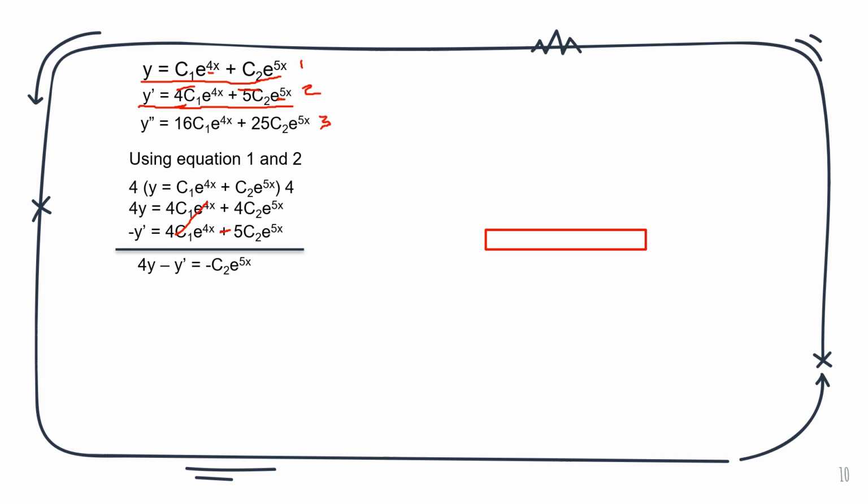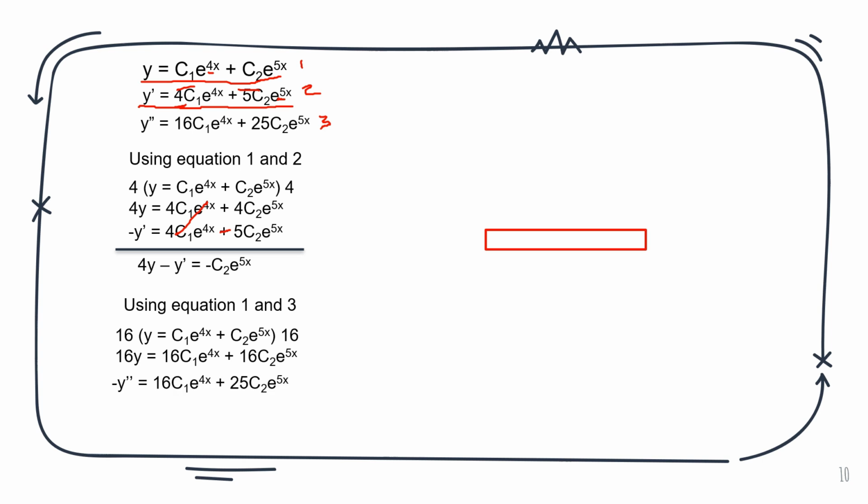So, ito ang kalabasan. So, using the equation 1 and 3, para naman ma-eliminate natin si c1 ulit, i-multiply natin yung whole equation 1 by 16. So, ito ang mangyayari dyan. 16y is equal to 16c1 times e raised to 4x plus 16c2 times e raised to 5x.